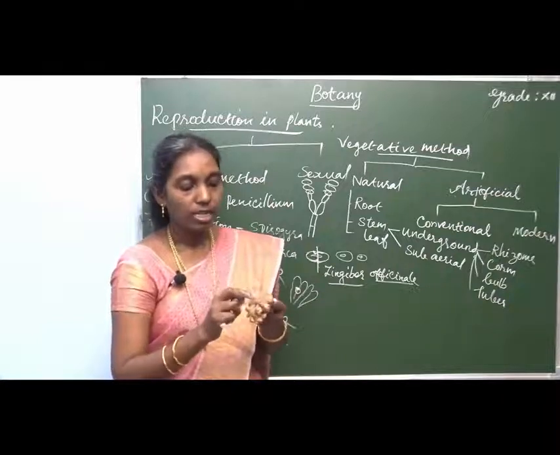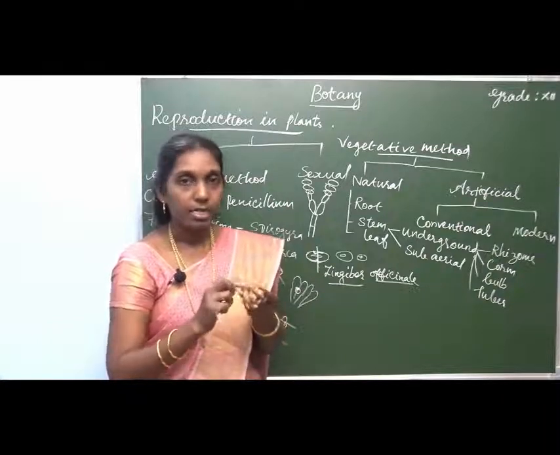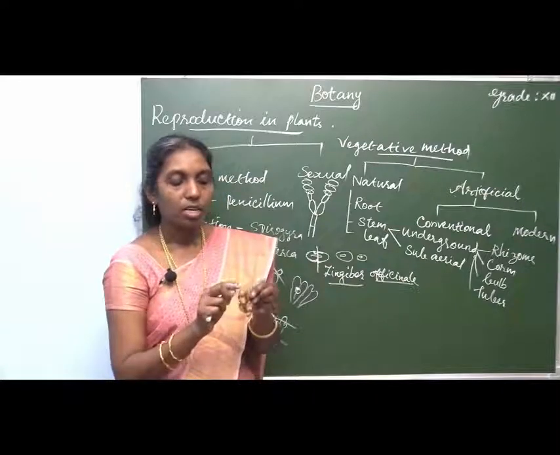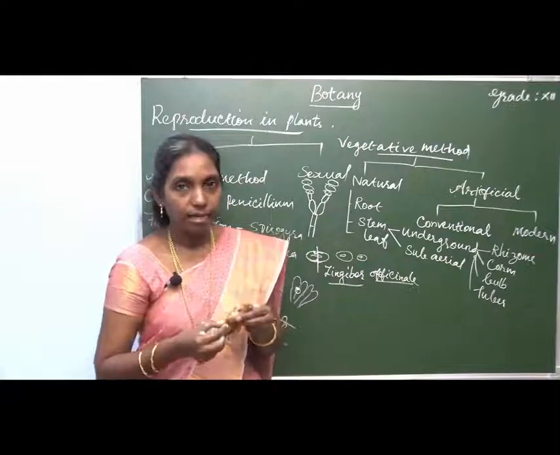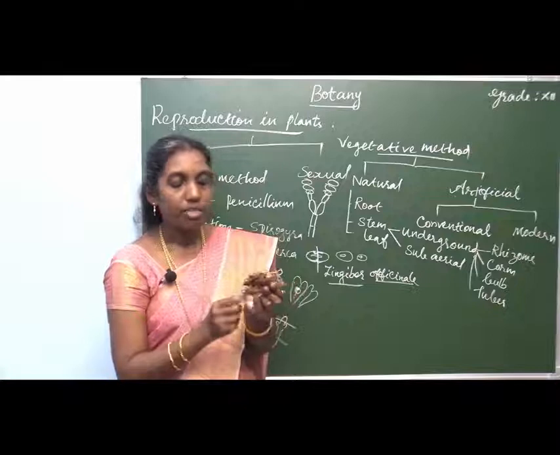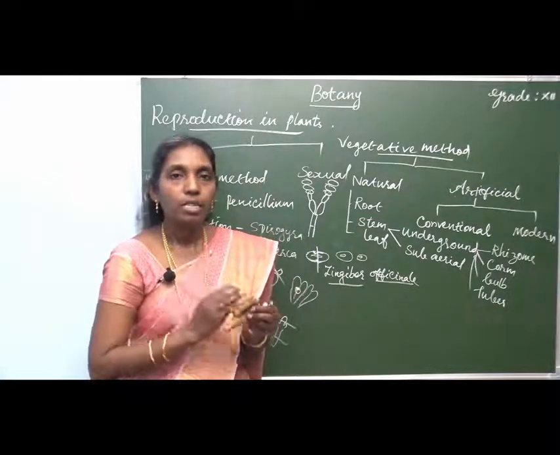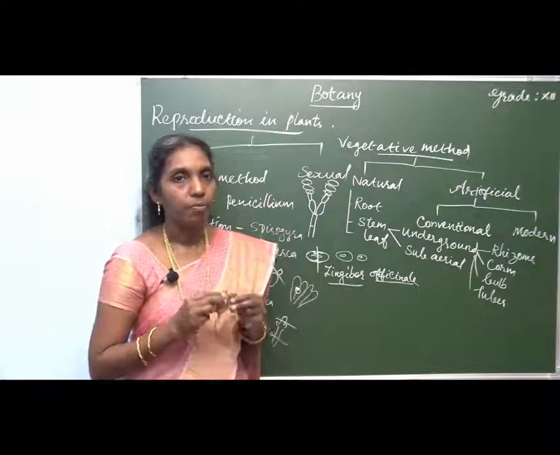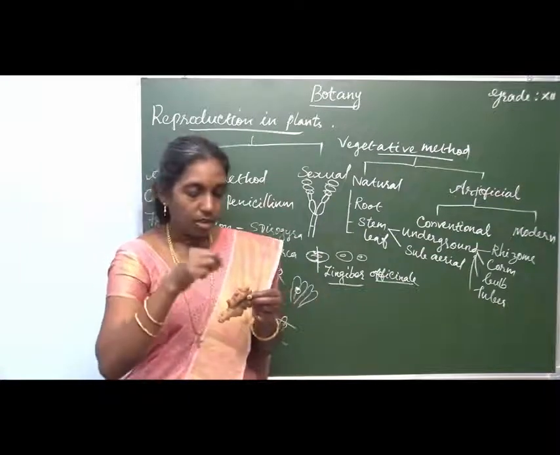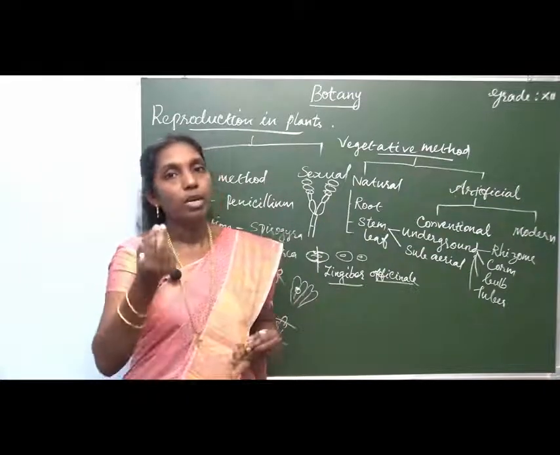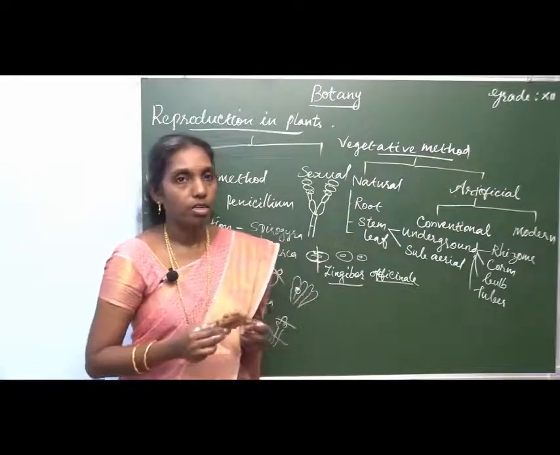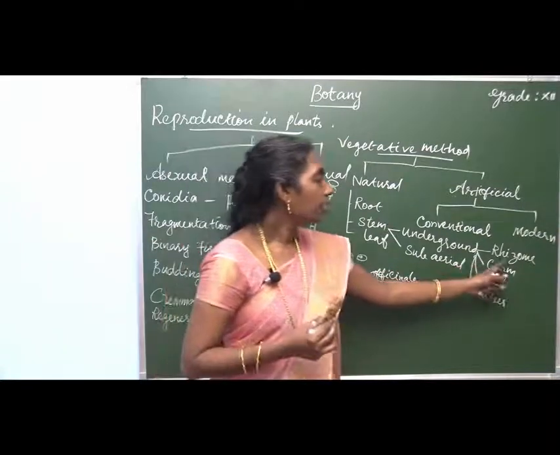The nodes as well as the internodes are present here, and adventitious buds are developed. From these adventitious buds, the new plant arises. When it is detached from the parental plant, this new plant is able to develop into the entire organism. So, this is an example of rhizome.